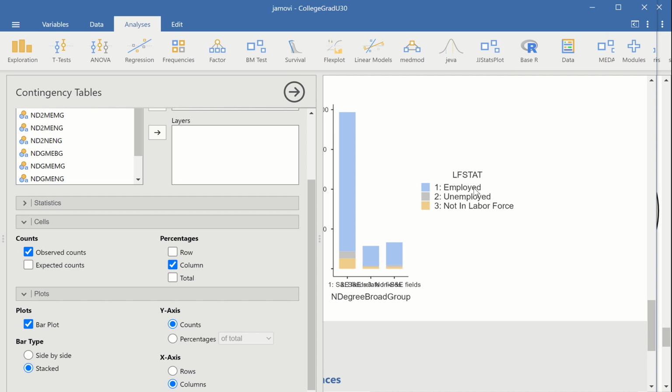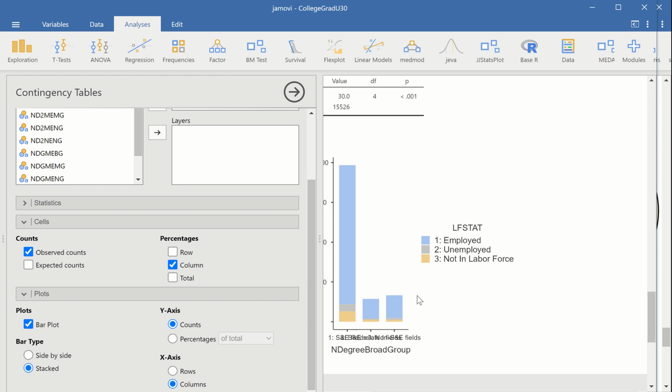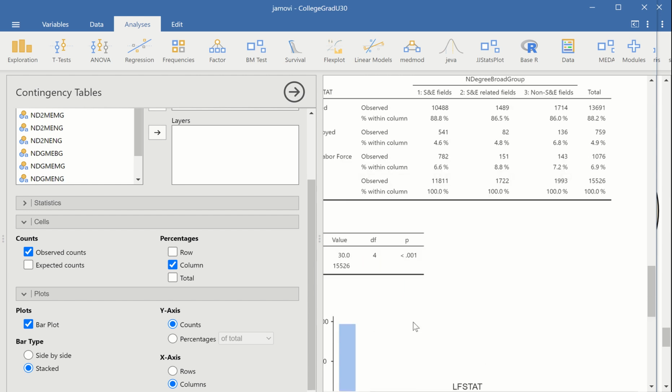Now, one of the things about Jamovi that I don't like is it doesn't handle the graphs very well.